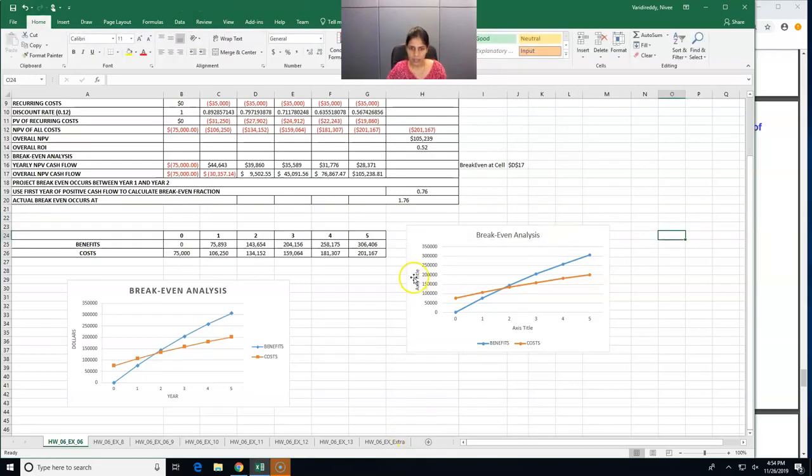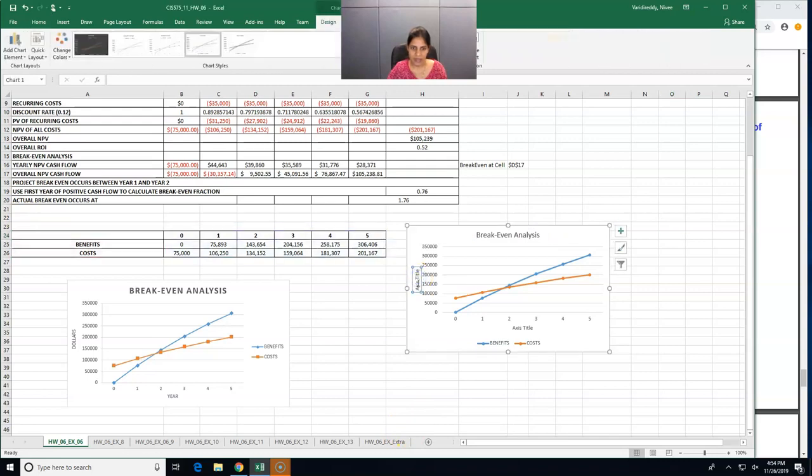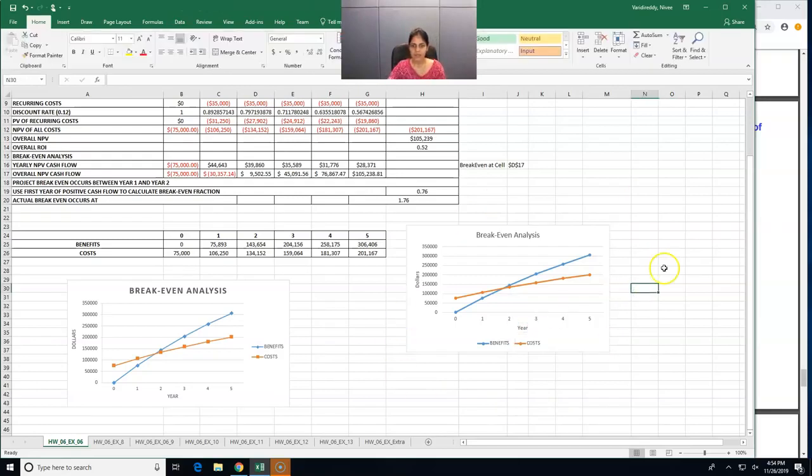Chart title, and you can include the axis titles: as we are doing it for dollars, and this is year. So this is how we arrive at the graph of the break-even analysis.